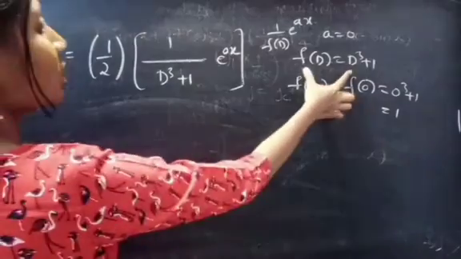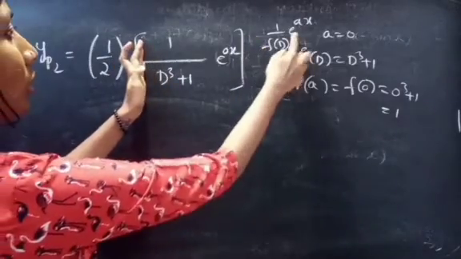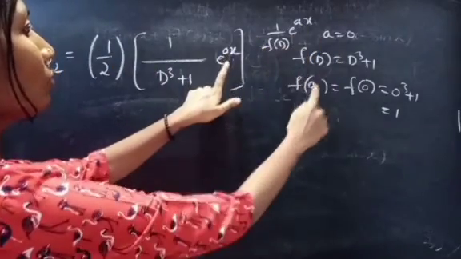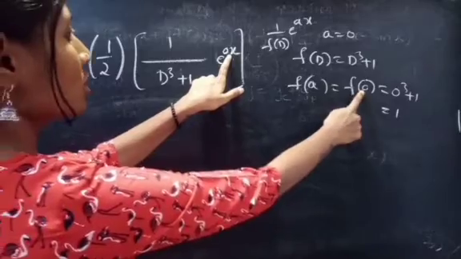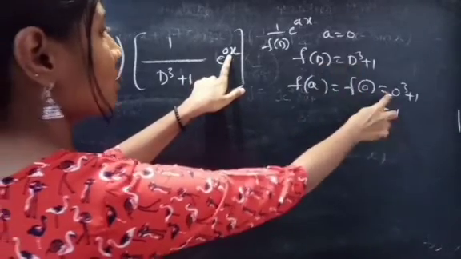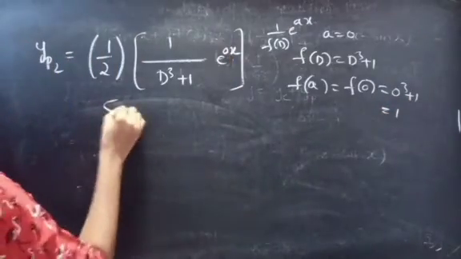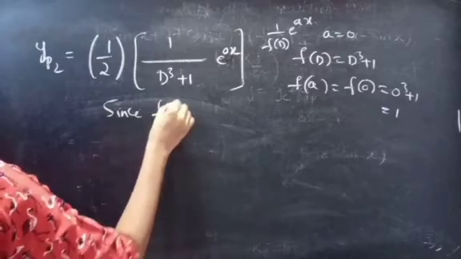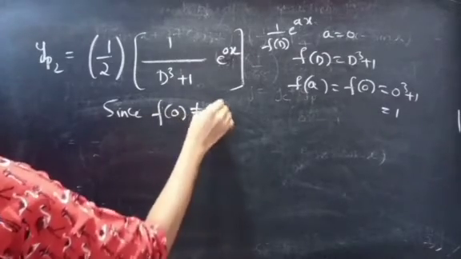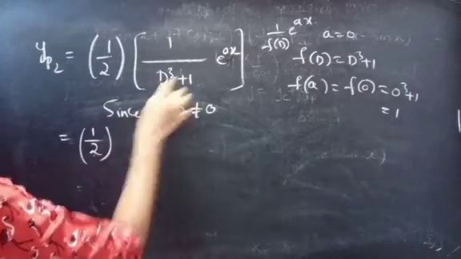We have f of D equals D cube plus 1, and this is 1 by f of D into e power ax. For a equals 0, we need to find f of a. For a equals 0, just replace D by 0 in f of D, then you'll get 0 cube plus 1, which is 0 plus 1, 1. Since f of 0 is non-zero, we can replace D by 0.